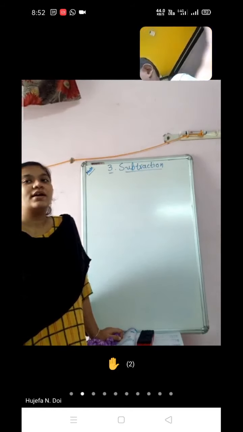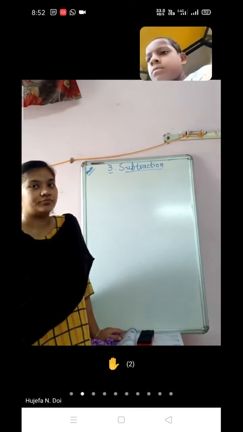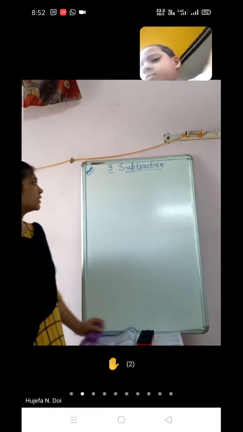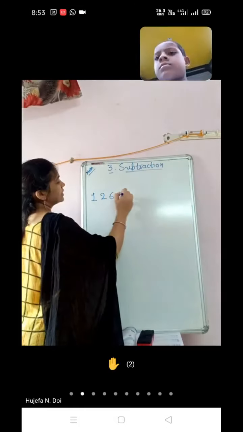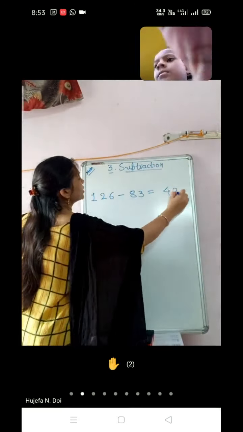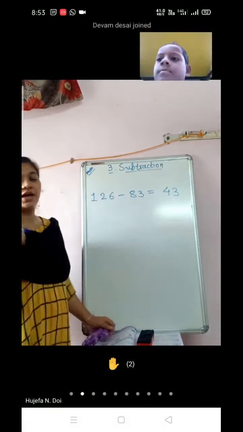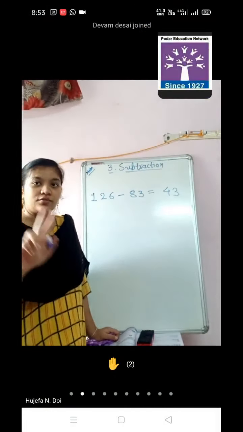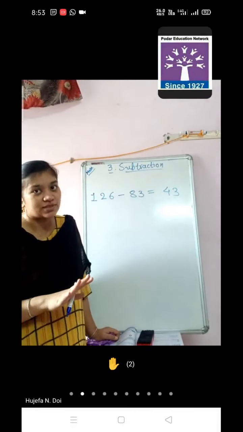So our next chapter we are going to learn is subtraction. So firstly, I gave you one example. 126 minus 83 equals 43. जैसे एडिशन में एडेंड होते थे, when we add two addends then we get the sum. जब हम दो addend को ऐड करते थे तब हमें sum मिलता था, right?